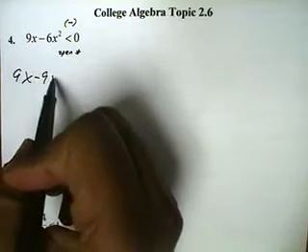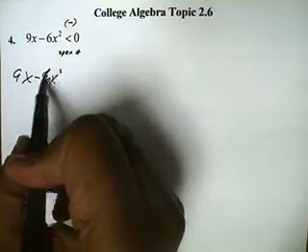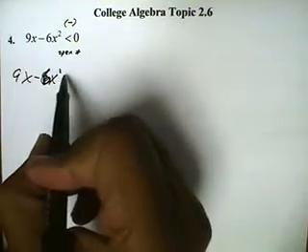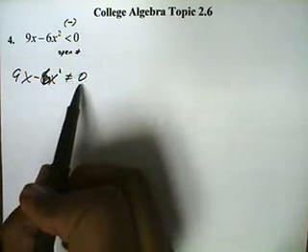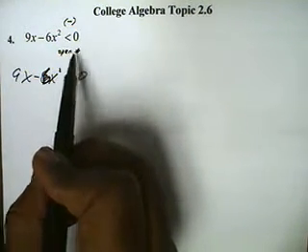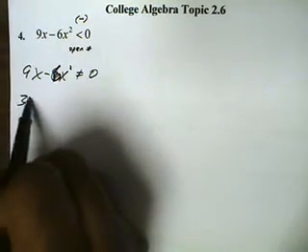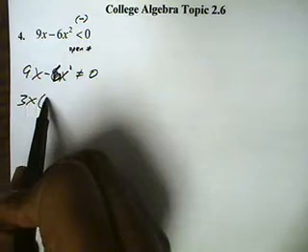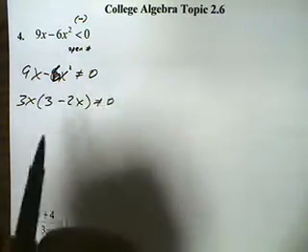9x minus 6x squared is equal to 0. And I'm just putting a little slash here to remind me that it's open. So I'm going to factor out a 3x, which is the greatest common factor, which leaves 3 minus 2x equals 0.